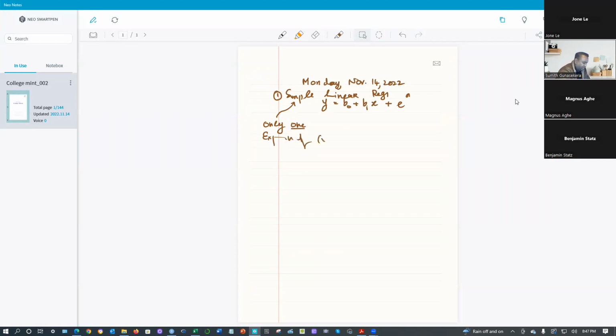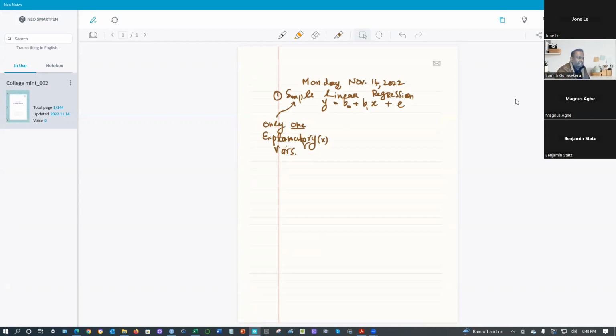I don't know why this pen has this issue. It doesn't look like cursive handwriting.